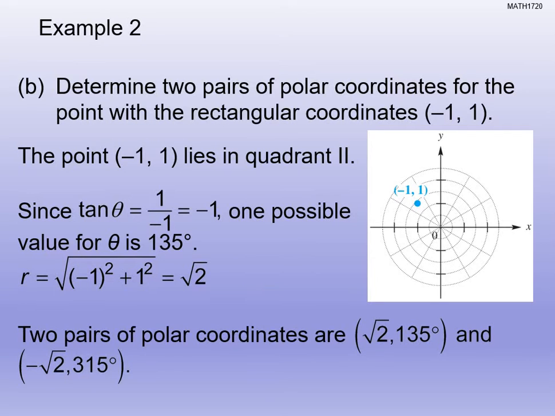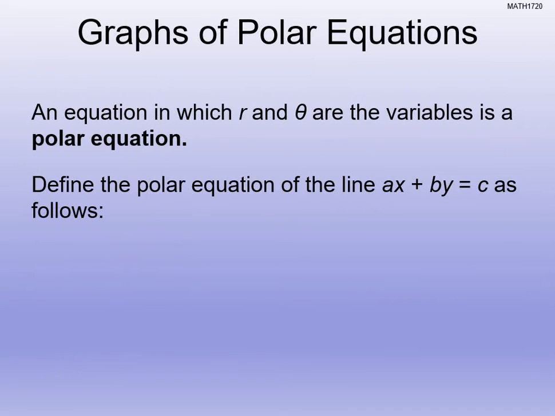Okay, so one way is we can do square root of 2, 135, that's the original one, and the other one would be if we went 315, okay, that puts us 180 degrees off, but then if we put it as a negative magnitude, we're going to have negative square root of 2, so it will still point in the same direction. Okay, so that's how we work through those.